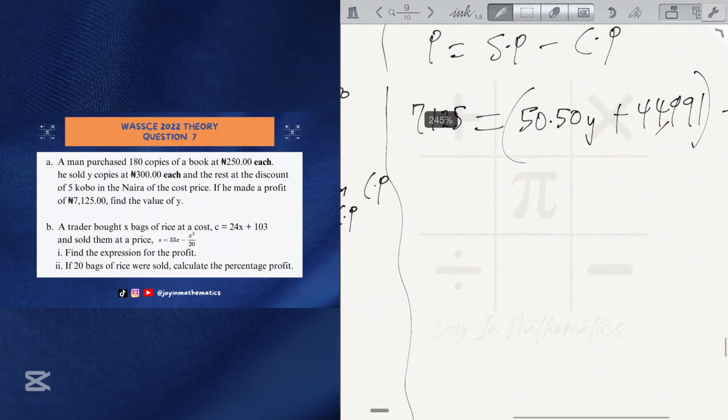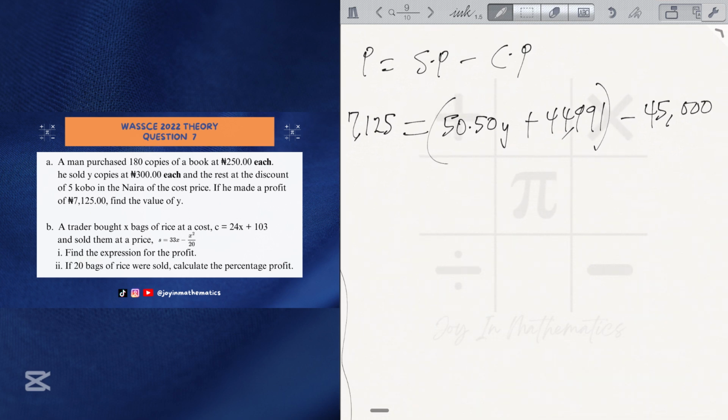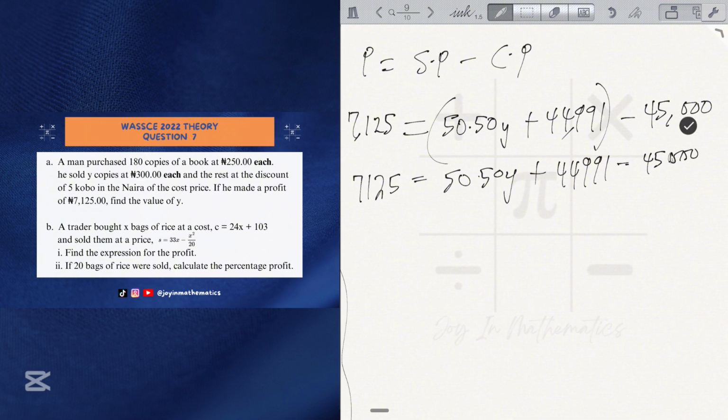Now let's find the value of y, which is what the question demands us. So looking for the value of y now, we can just open the bracket completely. So we have 7125 is equal to 50.05y plus 44991 minus 45,000. So let's bring y to the left hand side or y to the right hand side just to solve this.